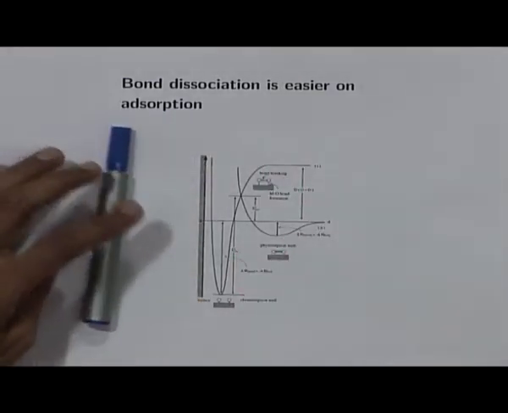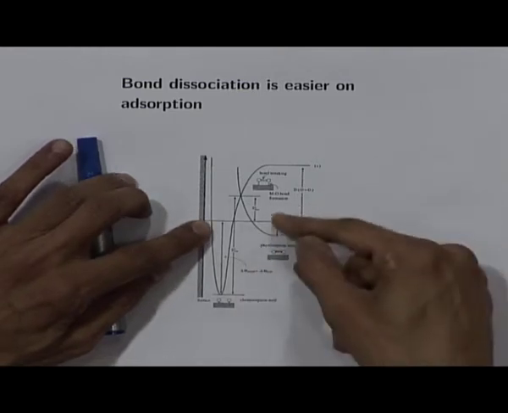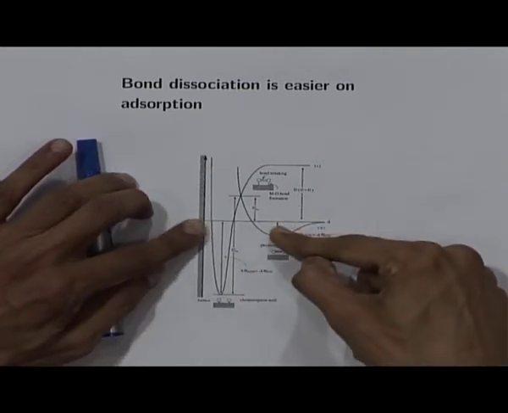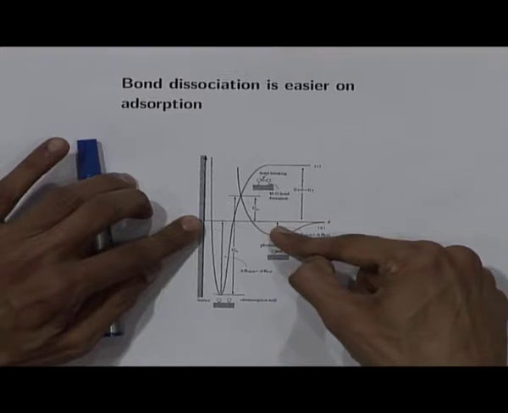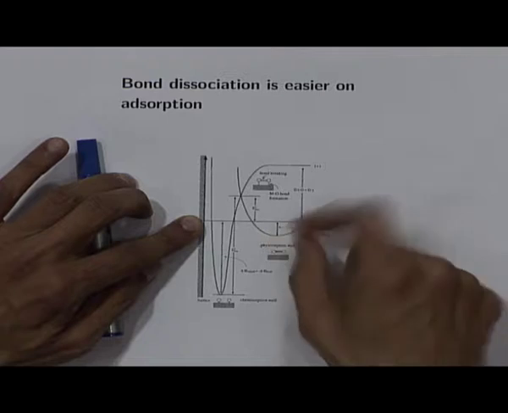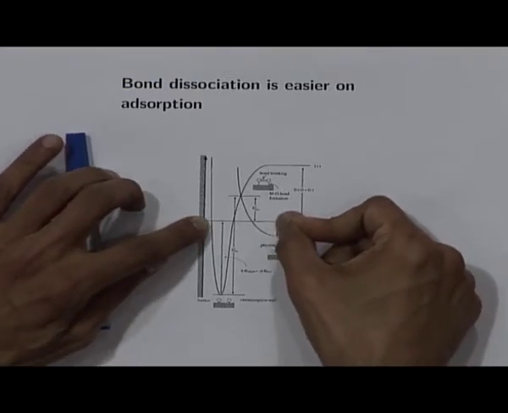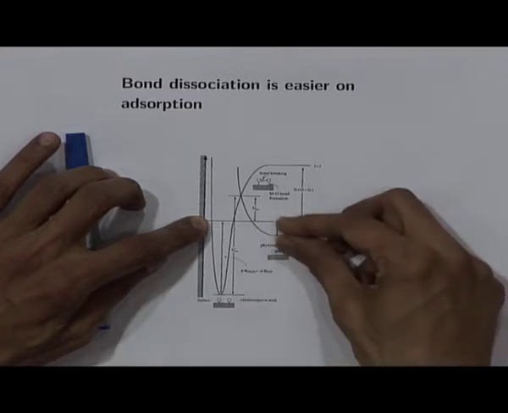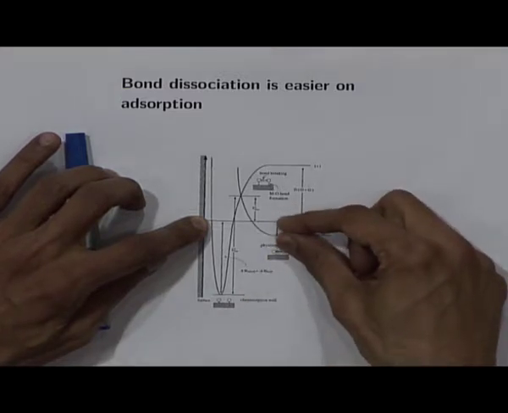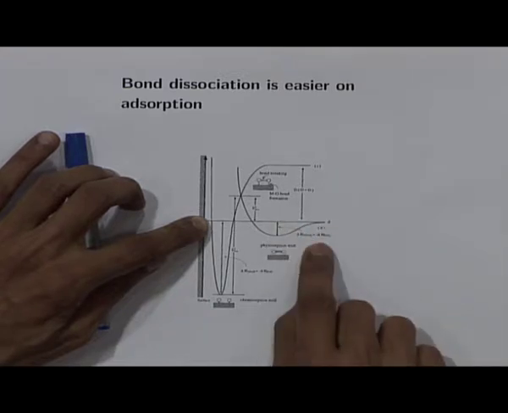The distance between this point and this point, where there is a minimum, corresponds approximately to the sum of the van der Waals radii of the metal and dioxygen, and this depth corresponds to the enthalpy of physisorption. This enthalpy of physisorption is approximately 10 to 40 kilojoules per mole.